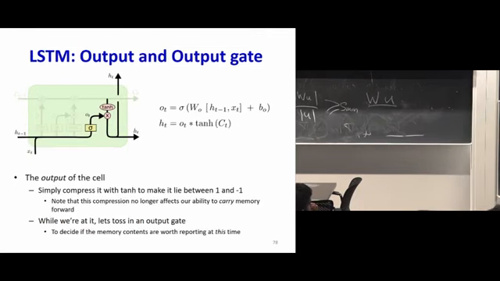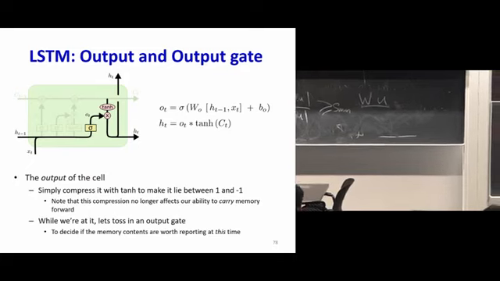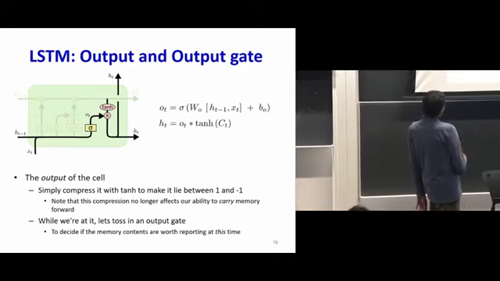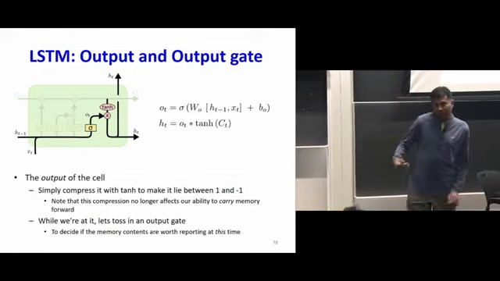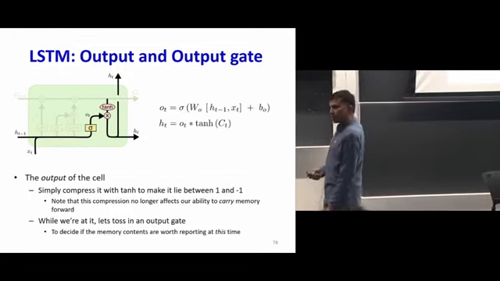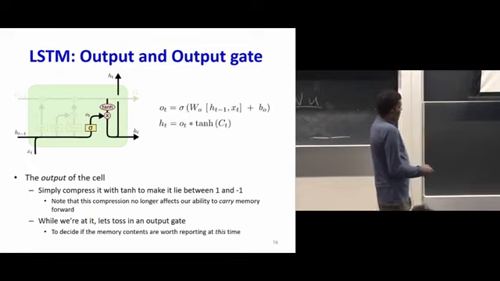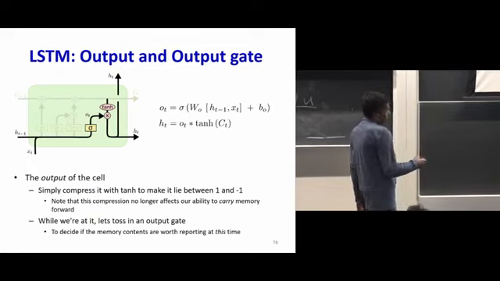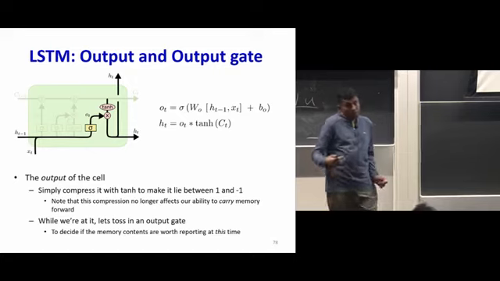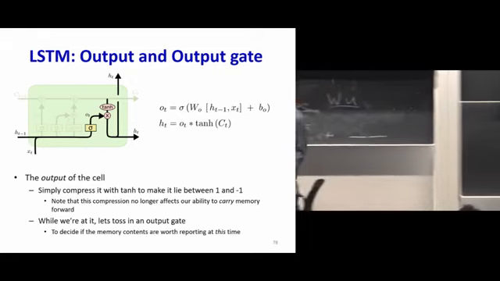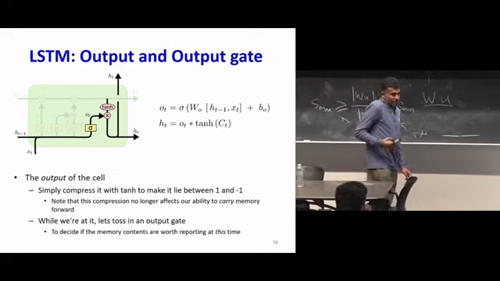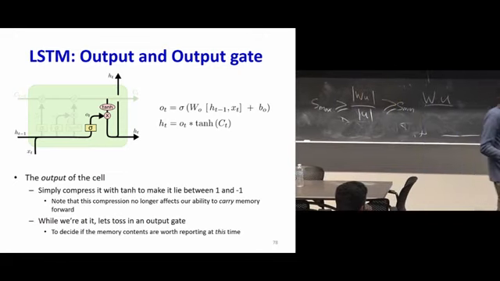And then you have the output of the cell, which simply compresses the cell state with a tanh. That's it. To make it lie between -1 and +1. We know that tanh is the most useful kind of activation in this kind of situation. So that's what we do. Now, note that what we've done over here is that you want to compress the hidden state. The reason we are distinguishing between C and the hidden state is that we want to be able to carry information.